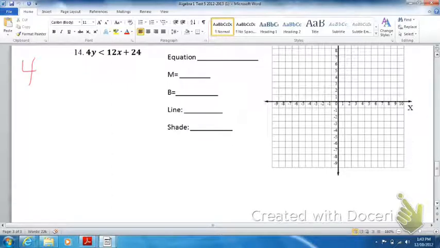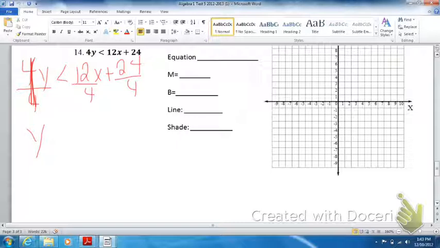The next one, number 14. 4y is less than 12x plus 24. The x is already on the right hand side, so you don't have to do anything. Just leave it alone. All you have to do is divide by 4. That becomes a big 1. Since we divided by positive 4, you leave the symbol the same. 12 over 4 is 3, and 24 divided by 4 is 6.